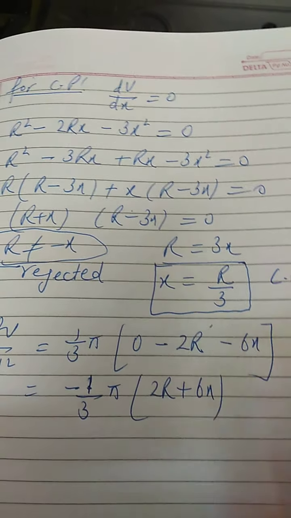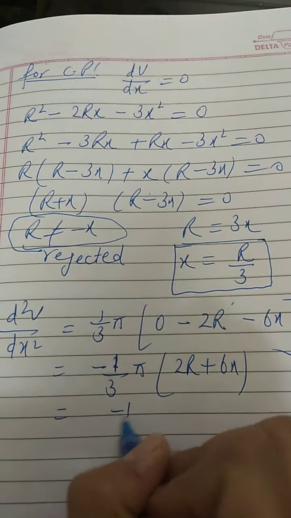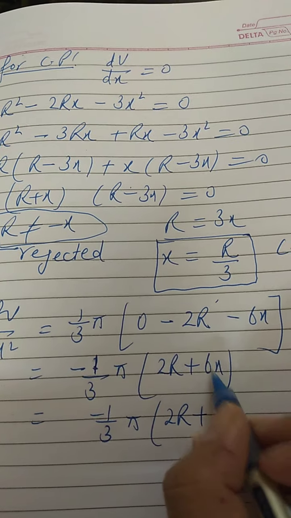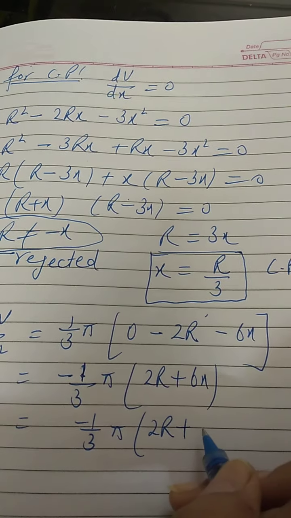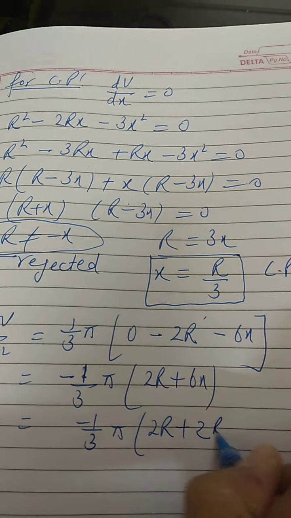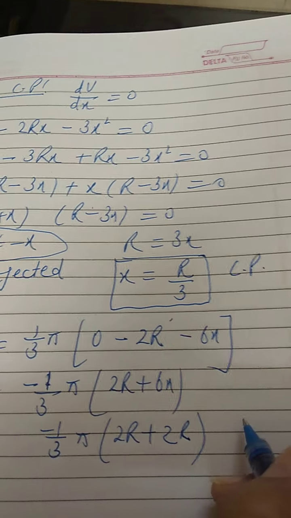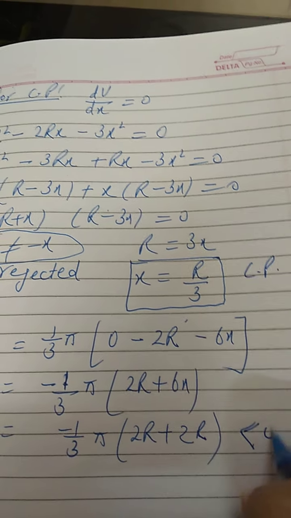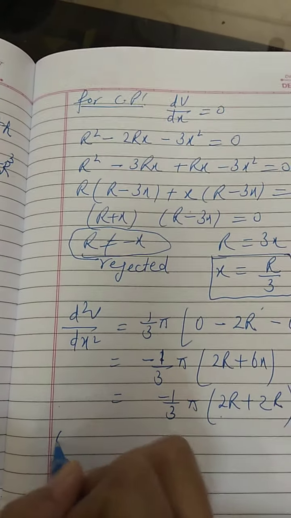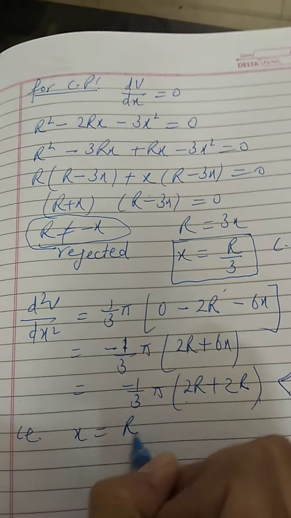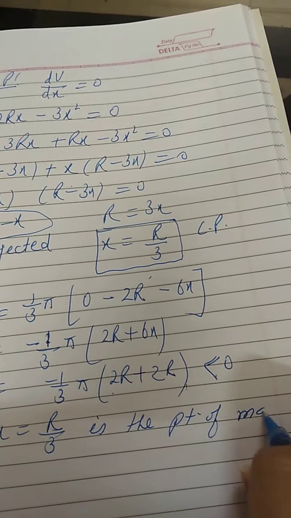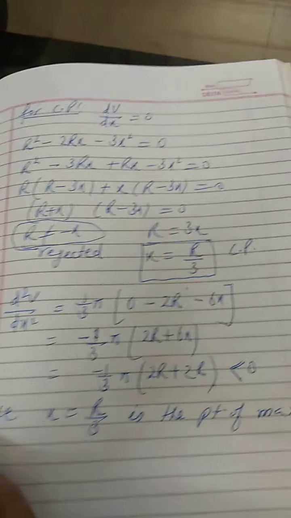What is the value of x? R by 3. So this is minus 1 by 3 pi times 2R plus 2R, which is 4R. Okay, so we are getting again negative. So if the second order derivative of the volume is negative, what does it mean? It means x equals R by 3 is the point of maxima according to the second order derivative test.